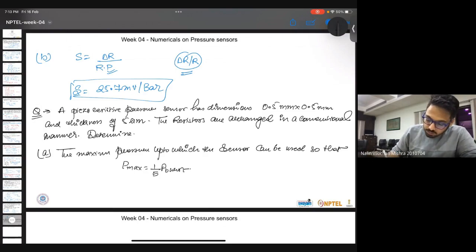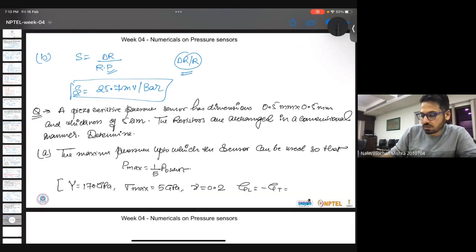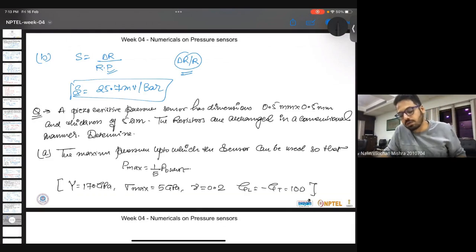Here take the values. Y is 170 gigapascal. Sigma max is given, which is 5 gigapascal. Poisson's ratio is given as 0.2, and GL is equals to minus GT is given as 100.